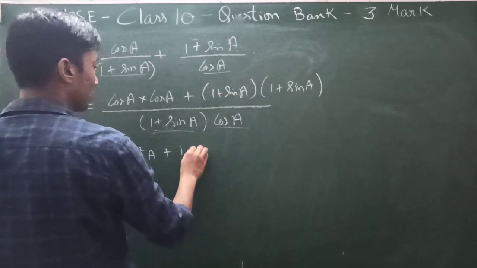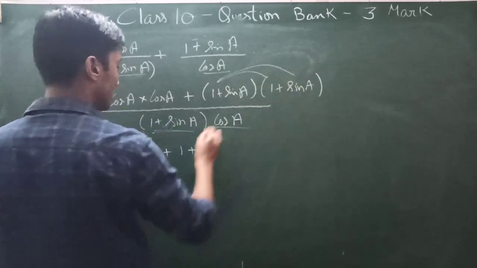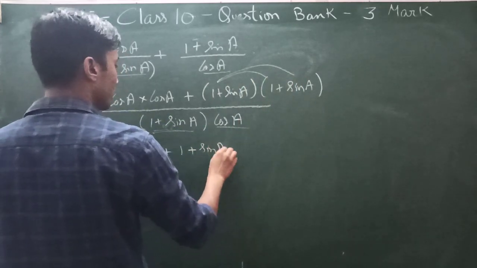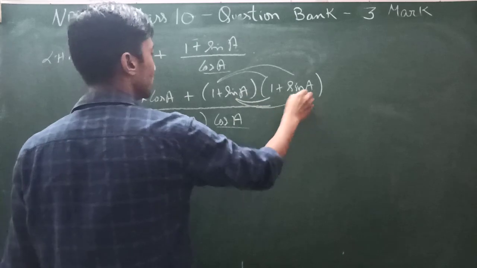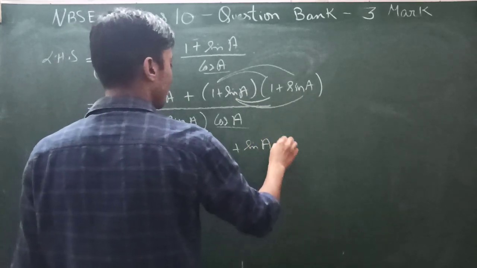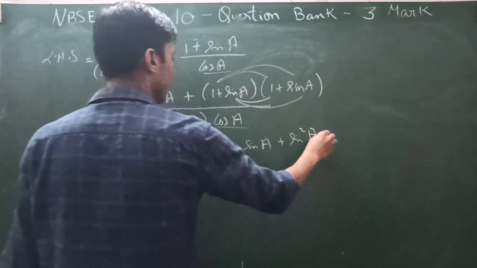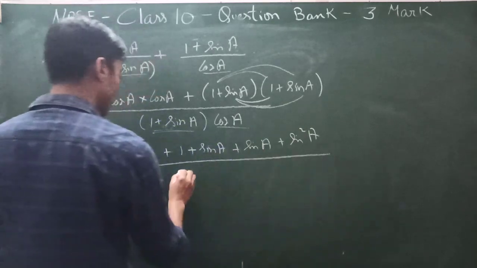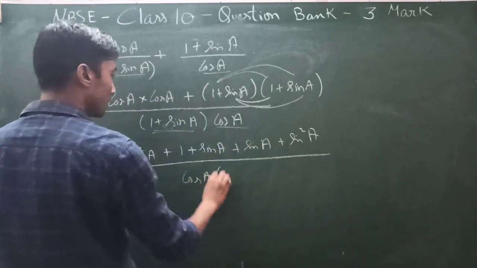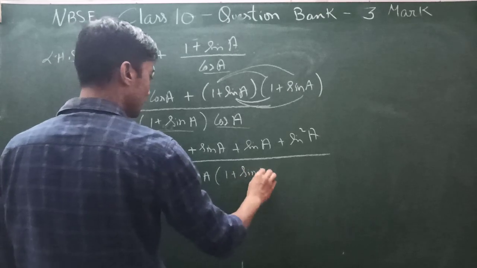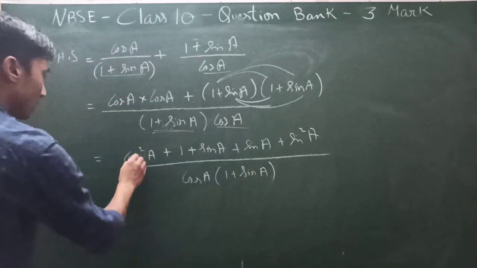If you wish, you can just multiply or use the formula of a plus b whole square: 1 plus 2 sine a plus sine square a. Now these two I'll arrange together.